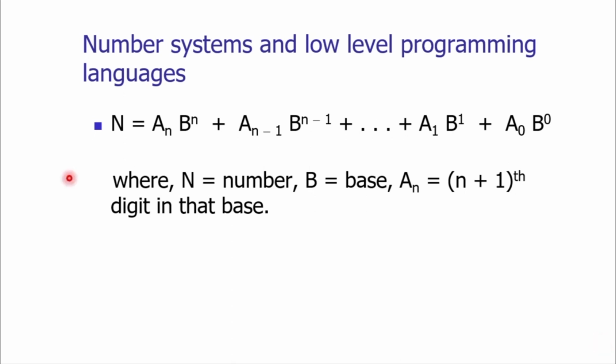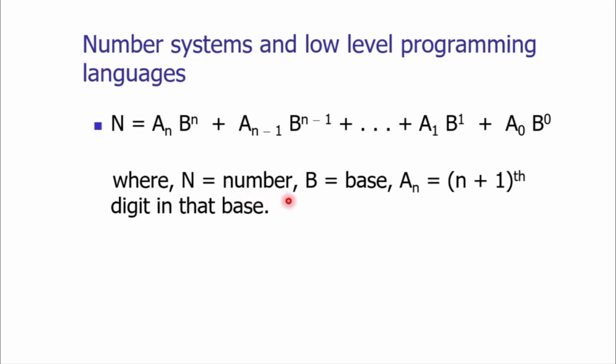On your screen you can see a formula which is used to convert a decimal number into a binary number. The binary representation can be found by using this formula: N = an·b^n + a(n-1)·b^(n-1) + and so on, plus a1·b^1 + a0·b^0.